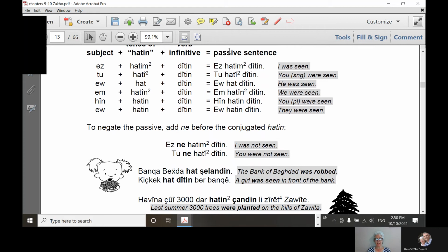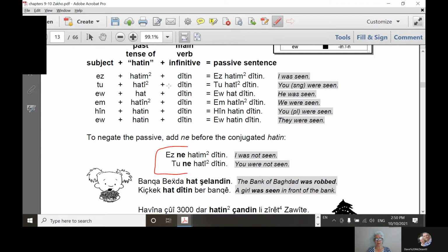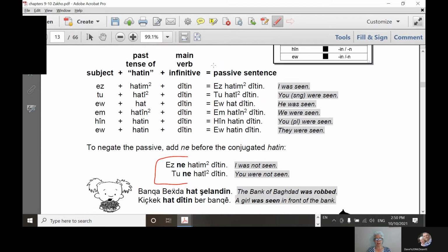So to negate the passive, you add na before it. So for example, I was not seen: as na hatim ditin. If you want to make it not negative, then you would say as hatim ditin. I was seen.